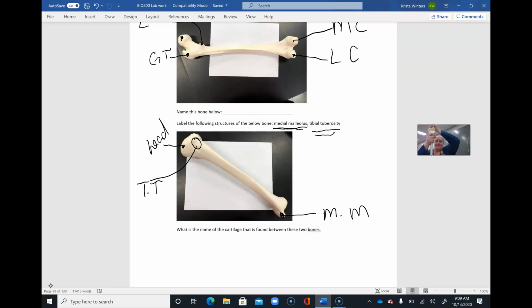So the tibia is the medial bone. And so when you have the tibia, it's going to be on the same side as the head. So like this. And then this bone here is going to be lateral.